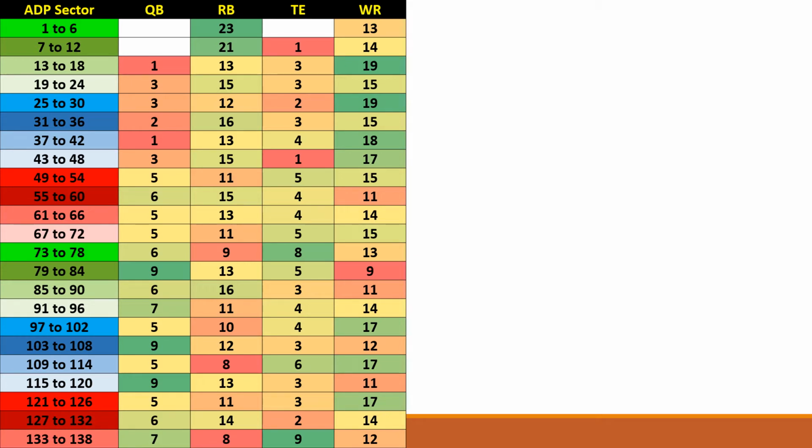You can see right away that running backs dominate the first 12. Wide receivers have about half that, a little bit more than half. One tight end has found their way into the top 12.